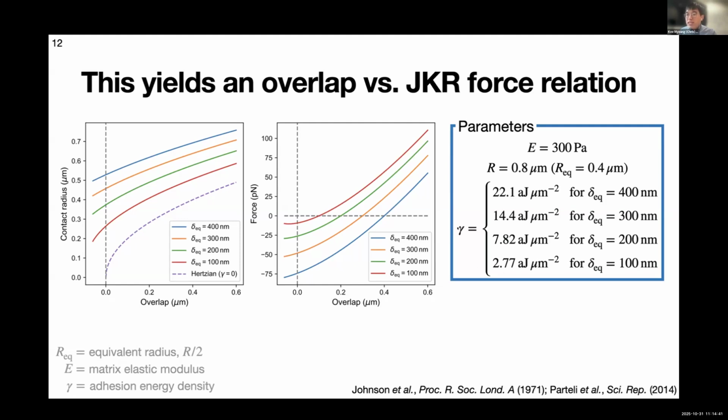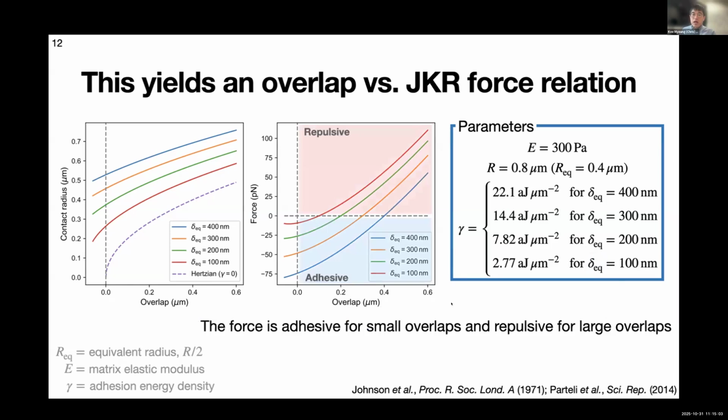So for instance, if I set gamma to this value here, then I achieve an equilibrium overlap distance of 100 nanometers. The force is 0 at 100 nanometers. So this is how I'm going to tune, throughout this talk, the strength of cell-cell adhesion to achieve various equilibrium overlap distances.